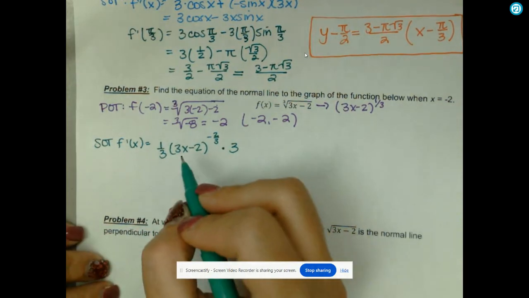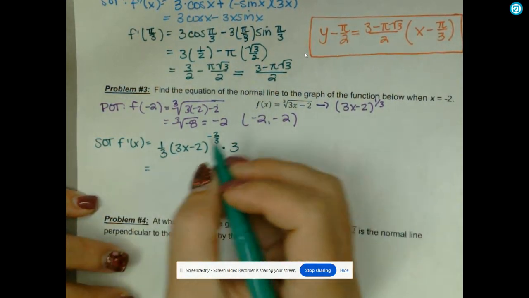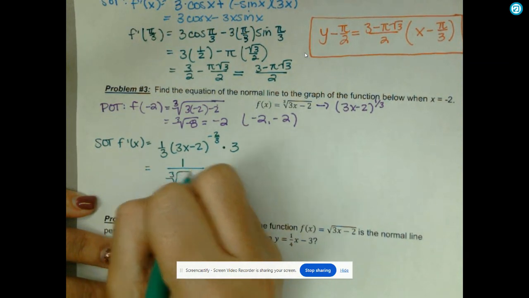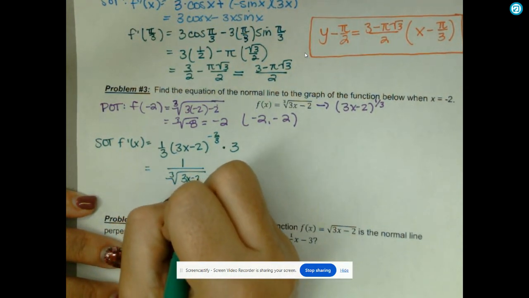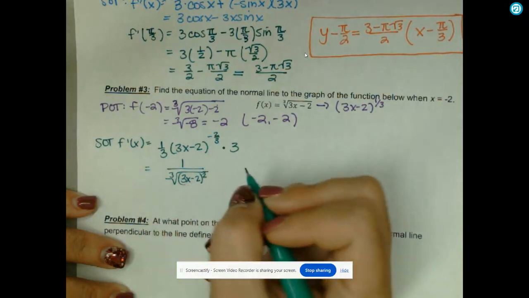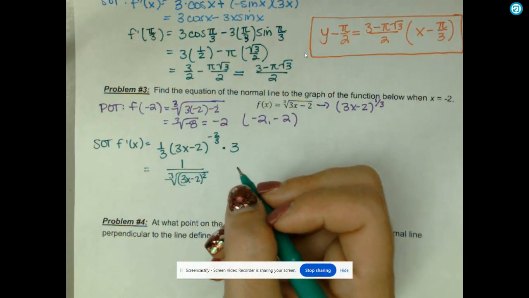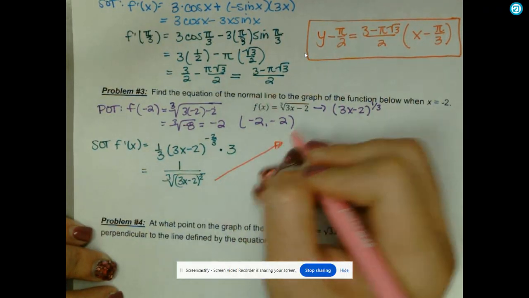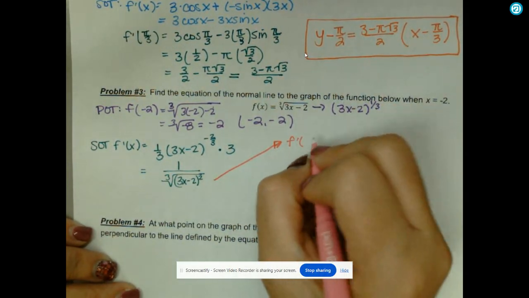All right, so right here, these 3's are going to cancel. So that's going to leave me with 1 over the cube root of (3x minus 2) quantity squared. Okay, so now we can substitute in for f prime of -2.